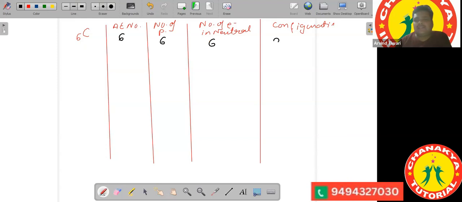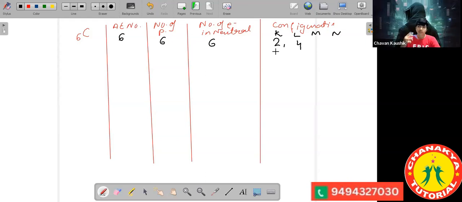They will be arranged with 2 in the K shell, and you can write K, L, M, and N. So the K shell will have 2 electrons and the L shell will have the remaining 4 electrons. Sir, but L can hold up to 8 electrons.